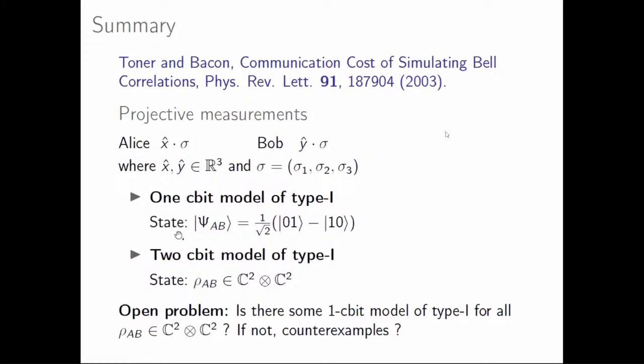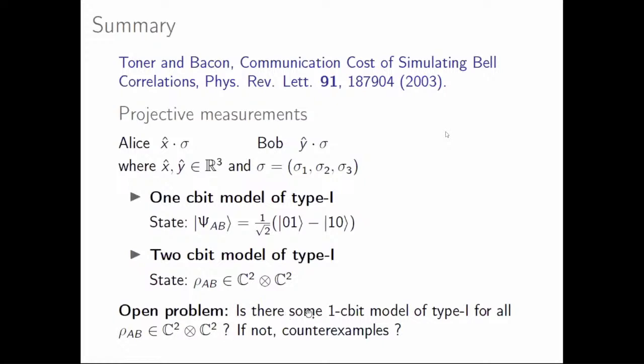So there is no restriction on what measurement Alice and Bob would be asked to perform. So there is a 1 C-bit model for the maximally entangled state and a 2 C-bit model of type 1 for any 2-qubit state. Now, the open problem looks so simple, but it has been open for a long time. That is, is there some 1 C-bit model of type 1 for all rho AB in C2 tensor C2?